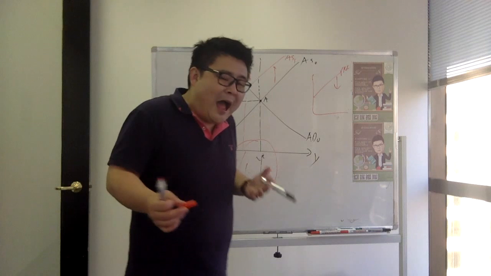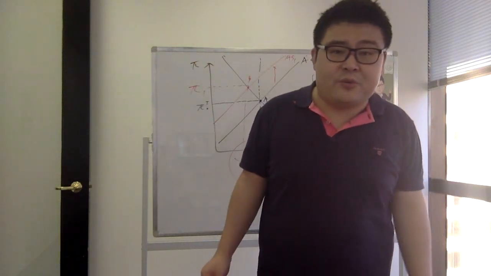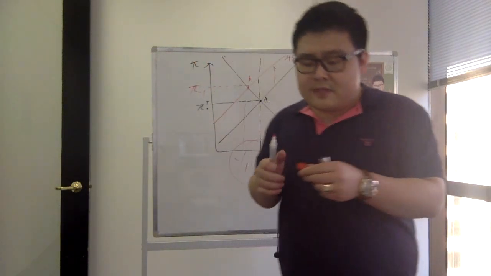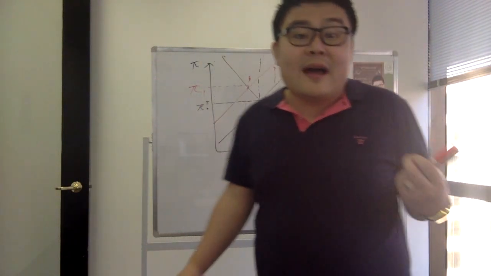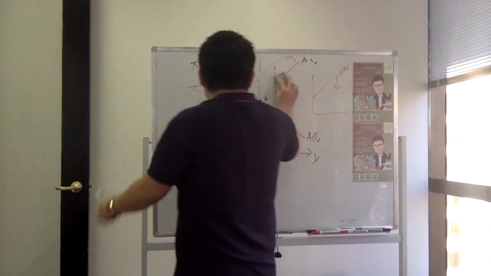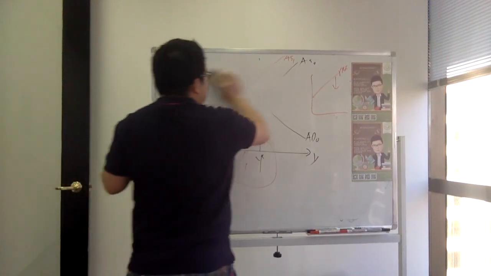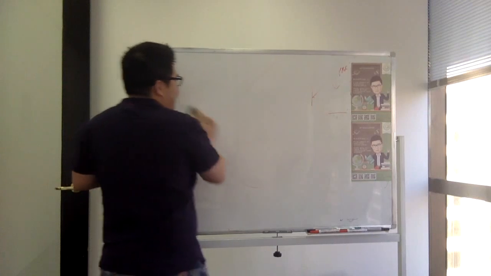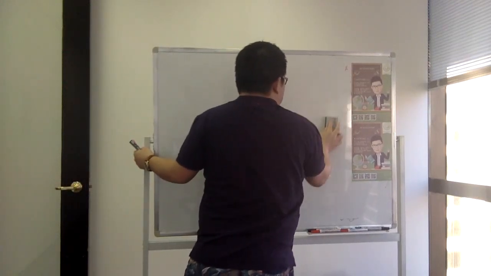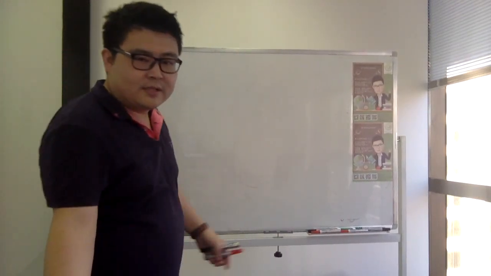But what happens if there's a permanent increase in terms of oil price? Well, if there's a permanent increase in oil price, then this makes things slightly more difficult, yes? Okay, so how do we actually talk about a permanent increase in the oil price? So let's go ahead and do this analysis, yeah?